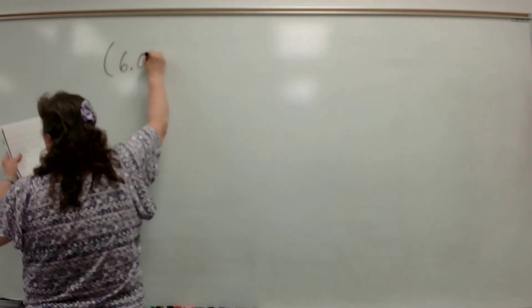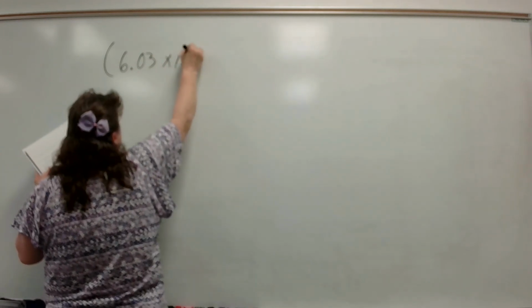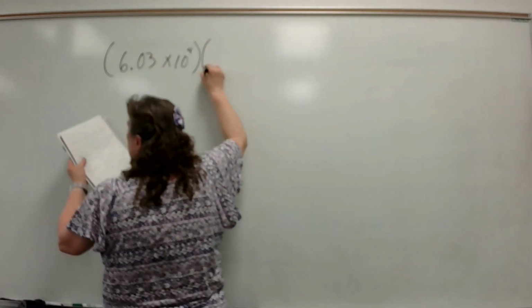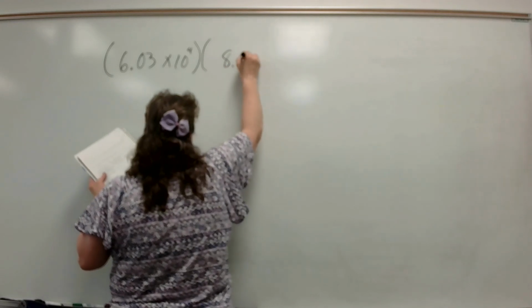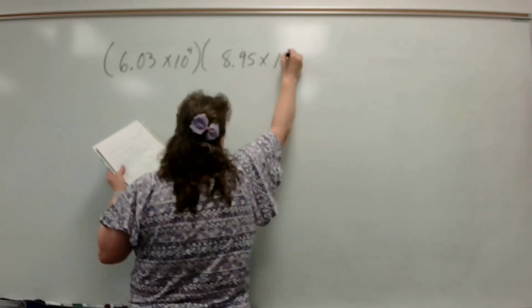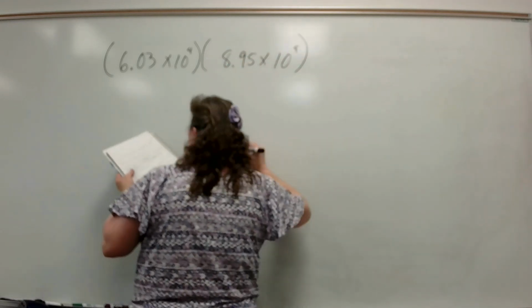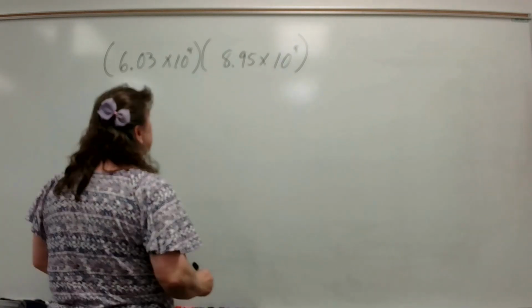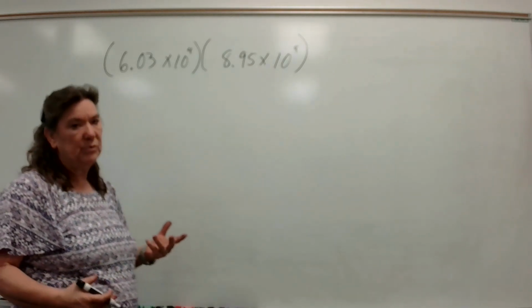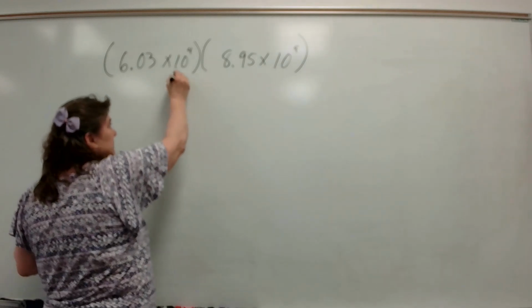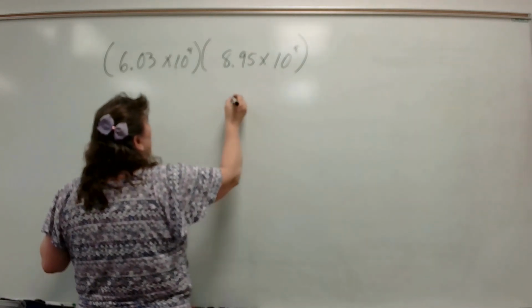6.03 times 10 to the fourth times 8.95 times 10 to the ninth. Now what's going to happen on this? This works exactly like your exponent rules. I have a base of 10 and a base of 10.